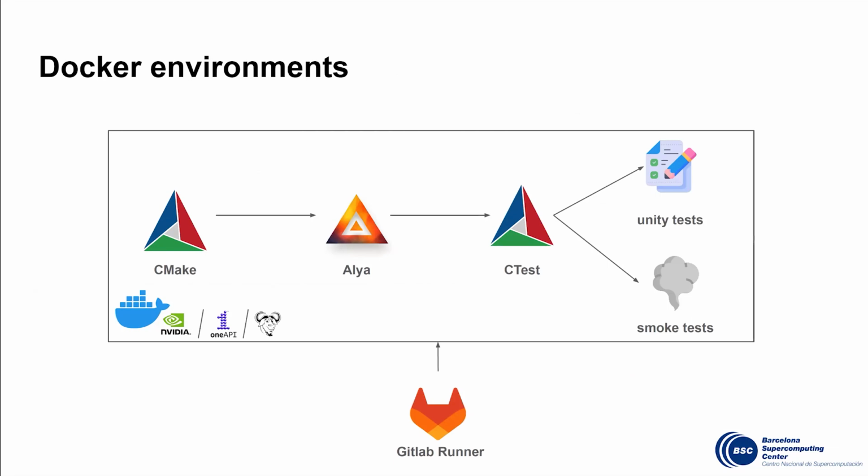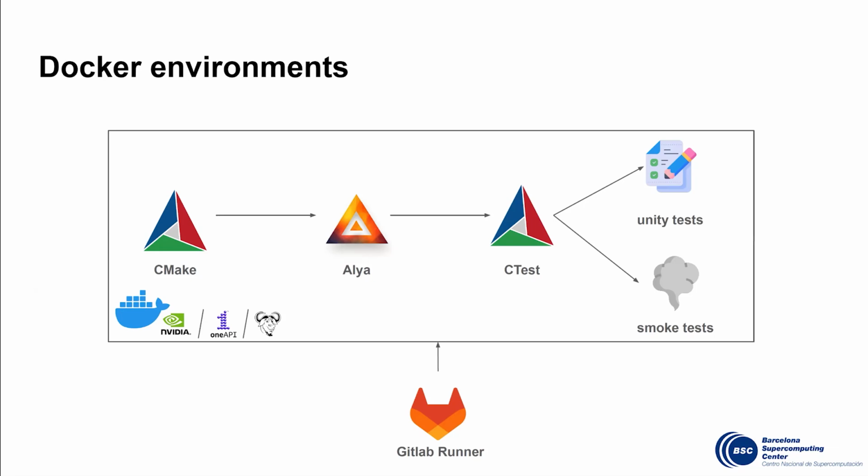It's running on top of a GitLab runner. So we always have the same OS environment, but we use different flavors, for instance using NVIDIA compilers, oneAPI compilers, GNU compilers, etc. And we basically compile ALYA using CMake. The choice of CMake has been made because it enables us to compile on different architectures, with different options, easily.